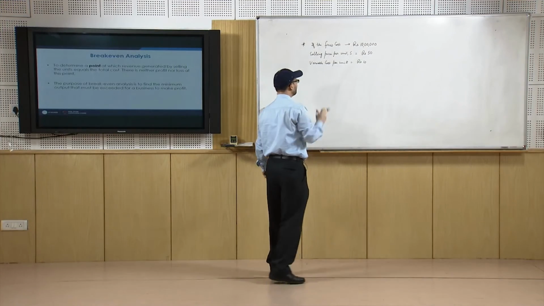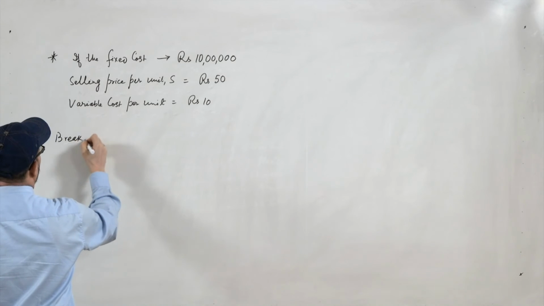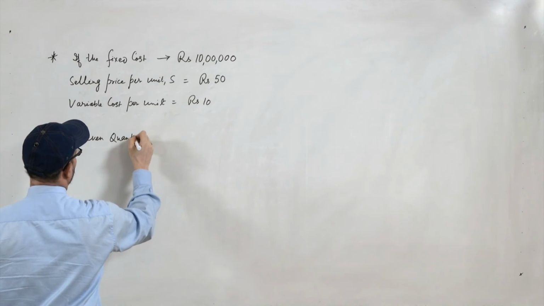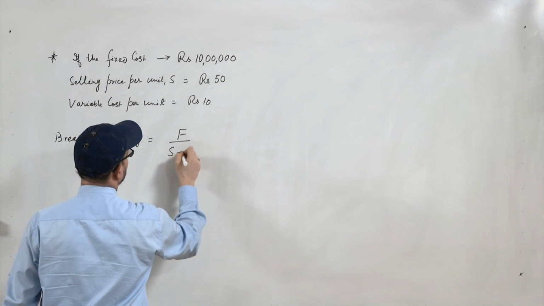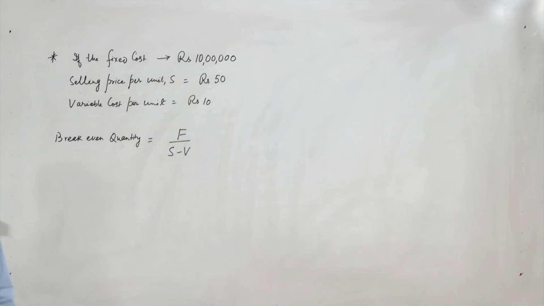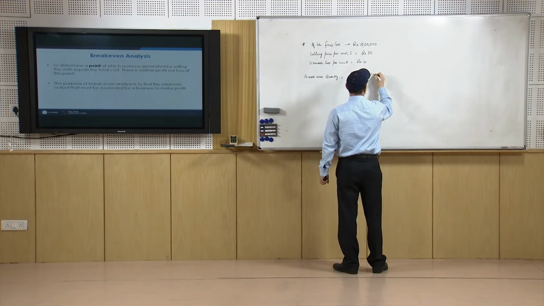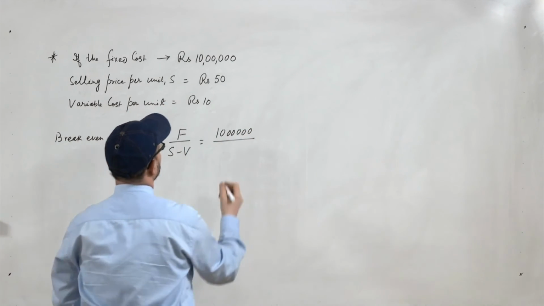So, we can use the formula: break even quantity will be F by S minus V. So, it will be 10 lakh divided by S minus V, which is 40.